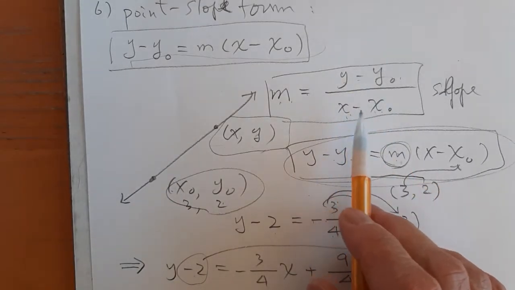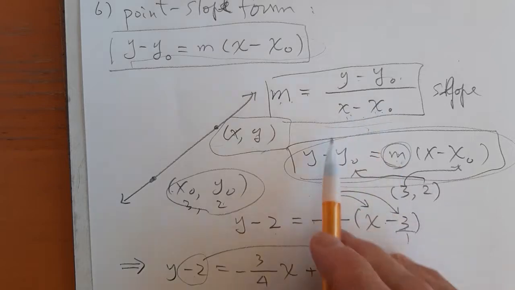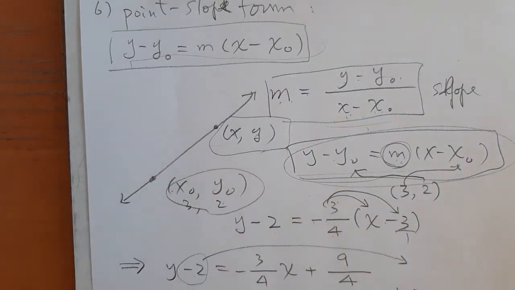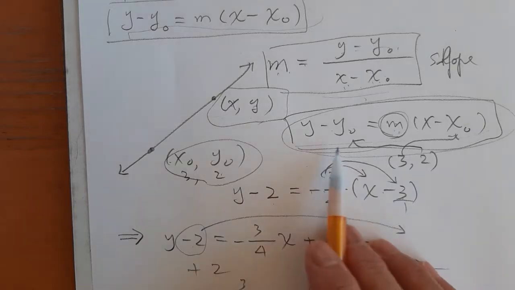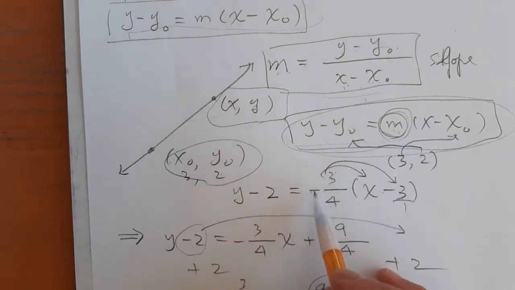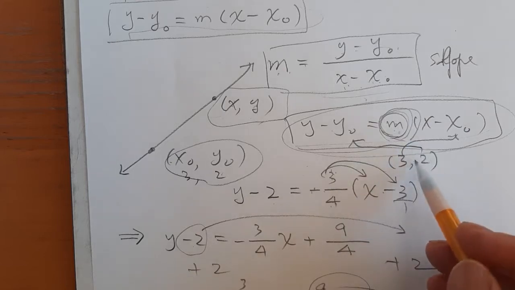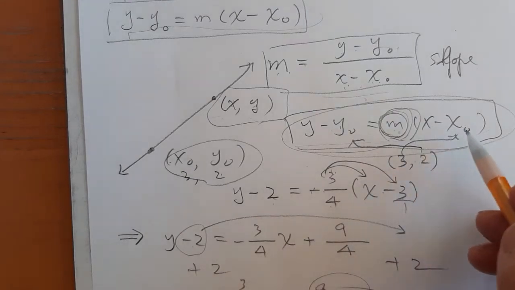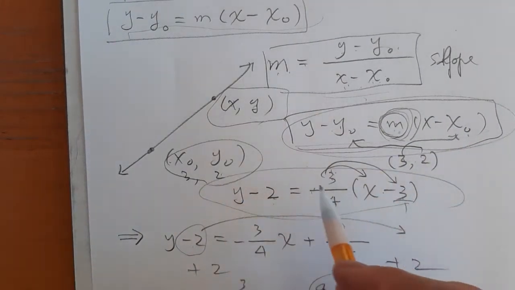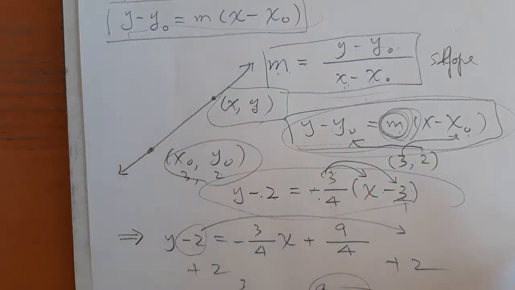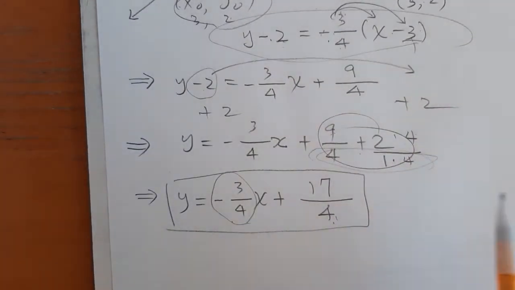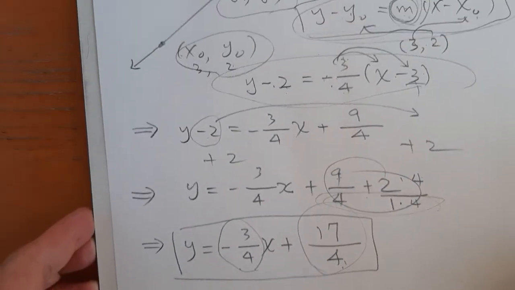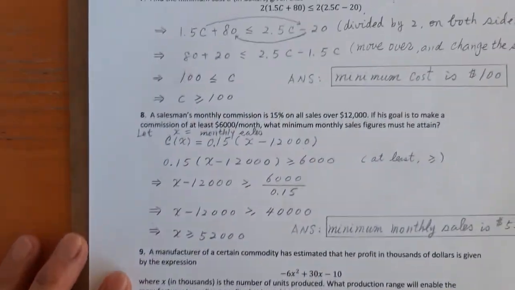Then you multiply by the denominator on both sides and you get the point-slope form. Using it, you plug negative 3/4 in for m, the given point's y, 2, in y0, and the 3 in x0. Then multiply out, simplify, and change to slope-intercept form, which is the final answer.